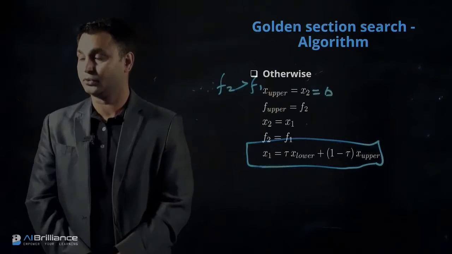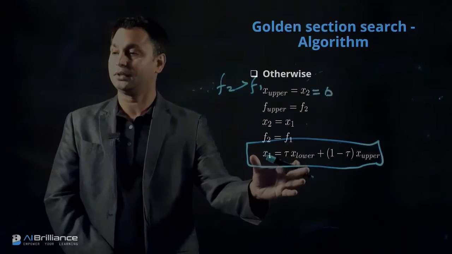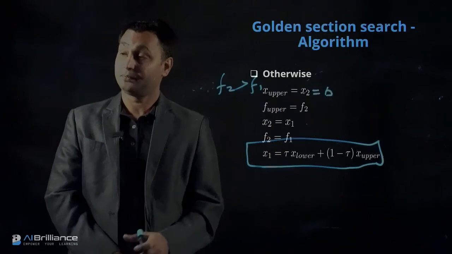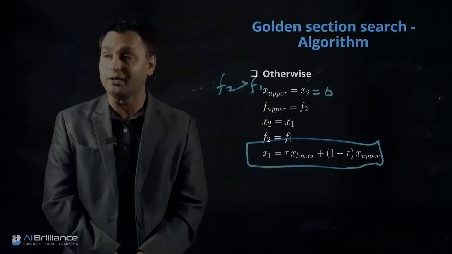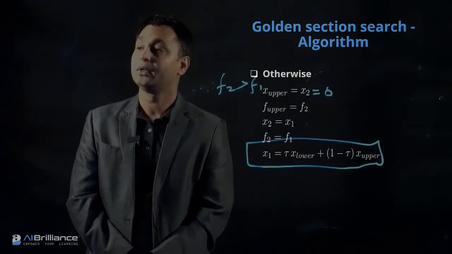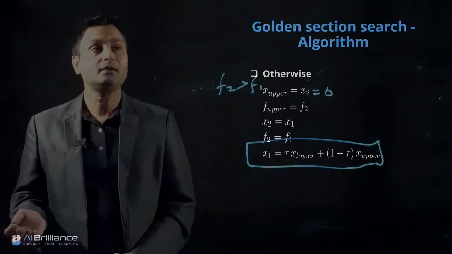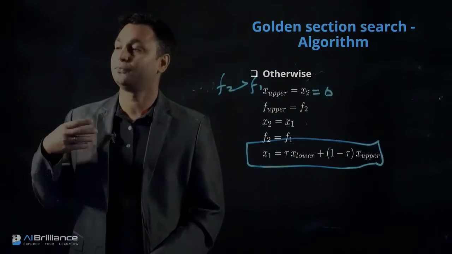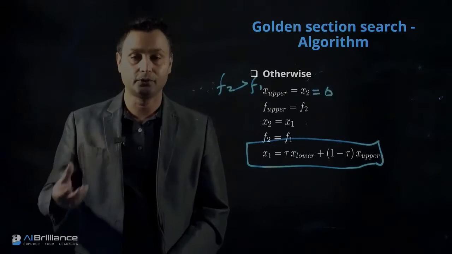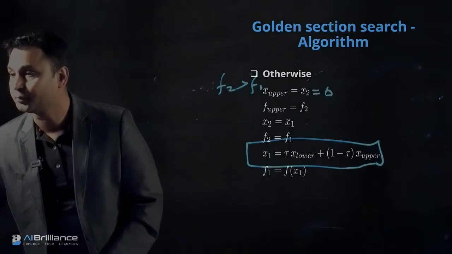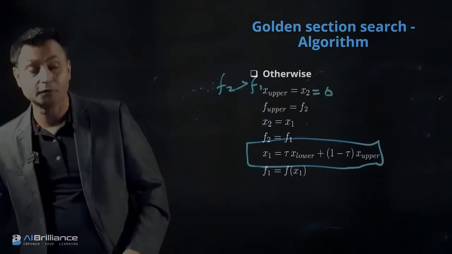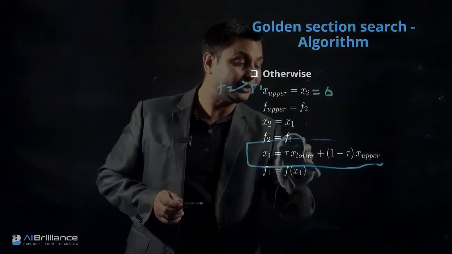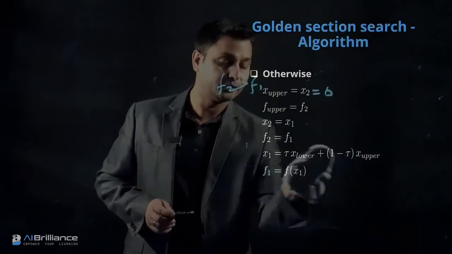Remember, this is case 2 that I described. Once you generate this, you have reduced the space, and within that space you have two values, x1 and x2. You compare whether f1 is greater than f2 or f2 is greater than f1, and you proceed accordingly, iteratively. That is what will be needed in the overall algorithm to solve this problem.